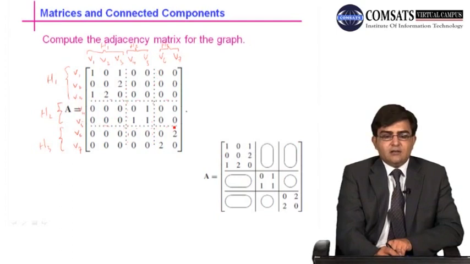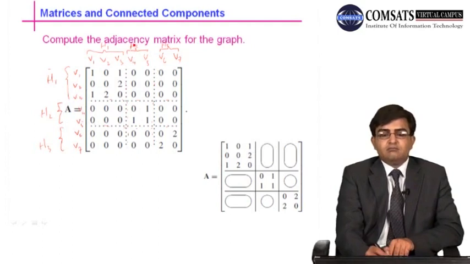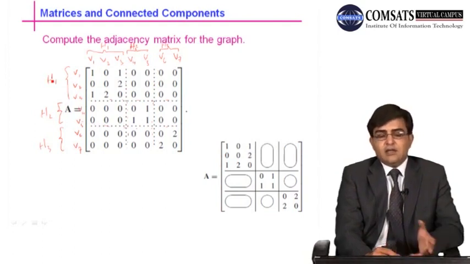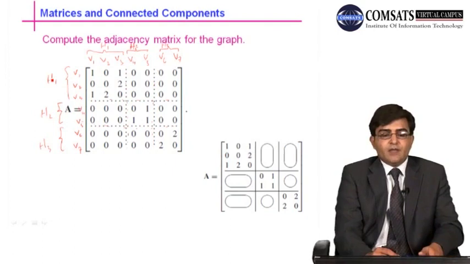The vertices of H1 cannot be connected to the vertices of H2 because H1 is a connected component, and H2 is another separate connected component. So when we have these entries, we can directly write 0, because only the vertices of one connected component are related, or connected through arrows.